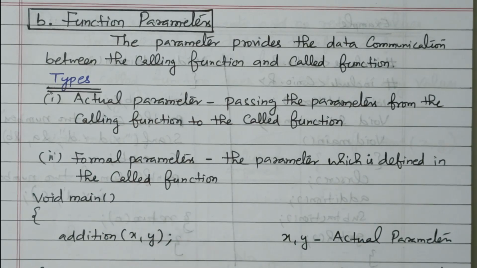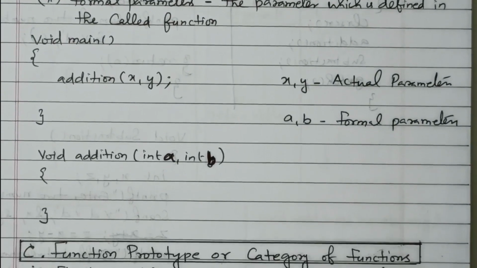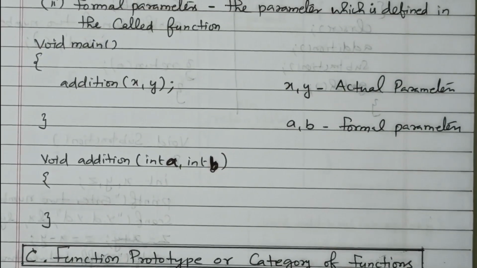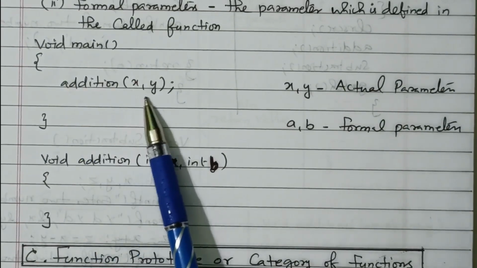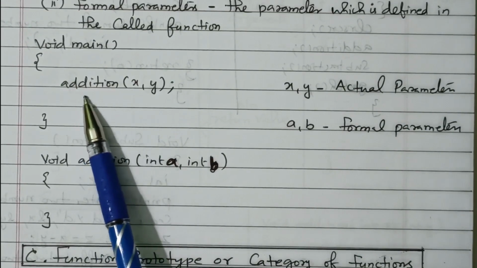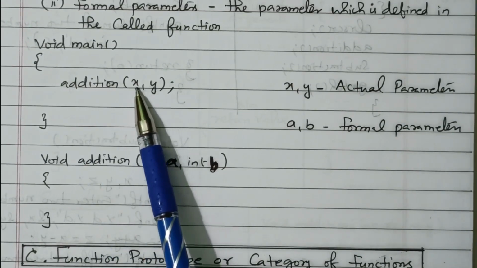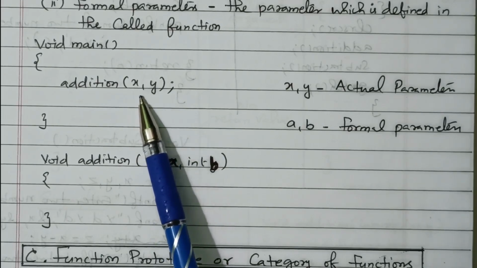For example, we will see one example here so that it will be easier. One main program is available: void main, addition x comma y. What is the meaning? We are calling this function. We are sending two parameters, x and y. What type of data x and y are, we already declared in the function declaration, maybe integer, right?